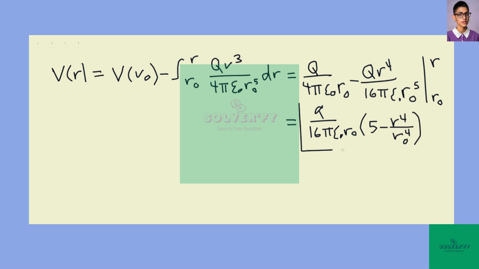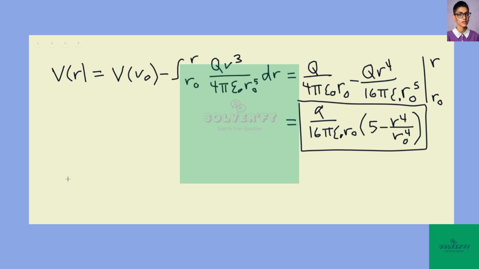Okay, and that's it. That's the potential inside the sphere. So you can see that once you have non-uniform charge densities, these problems can get a lot more difficult. You have to do a lot more integration, and it can be all around difficult. You have to separate out the different regions, but we are able to get all the different pieces.